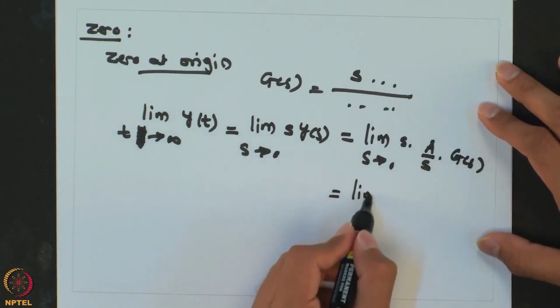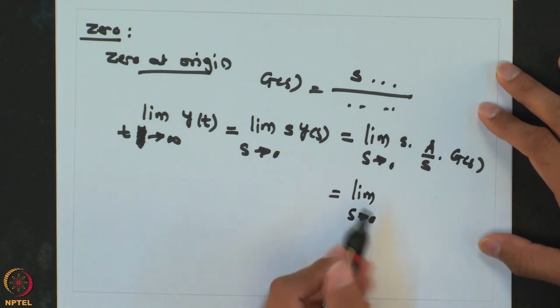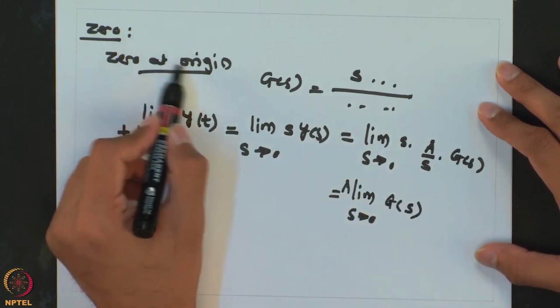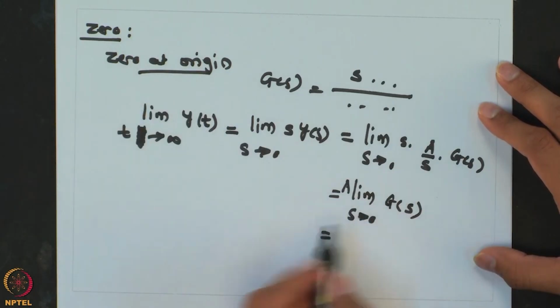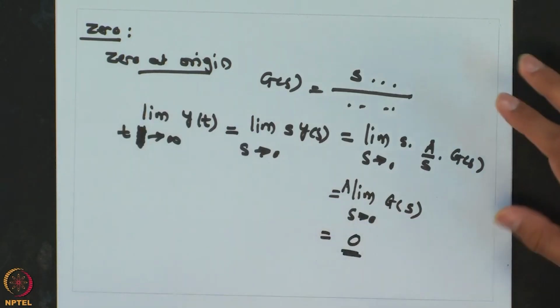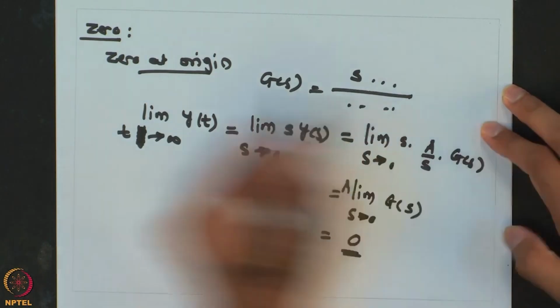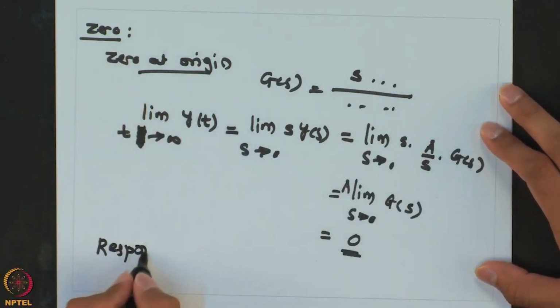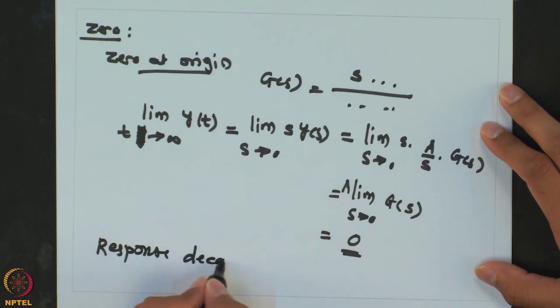So it will be limit s tending to 0 of a times G(s), and as 0 is at origin, G(0) is 0. So the final value of the response will be 0. So whenever there is a 0 at origin, the response decays to 0.